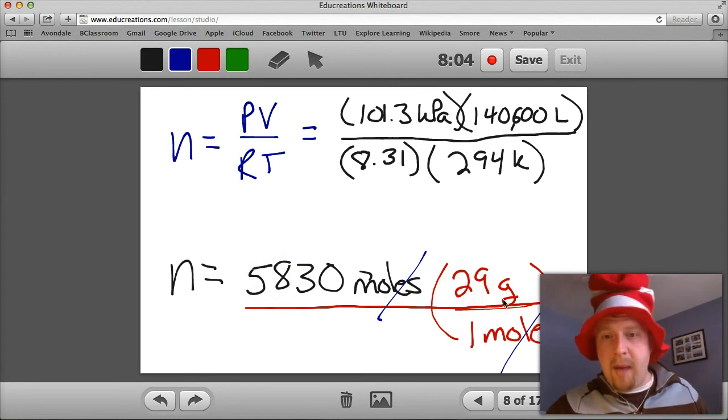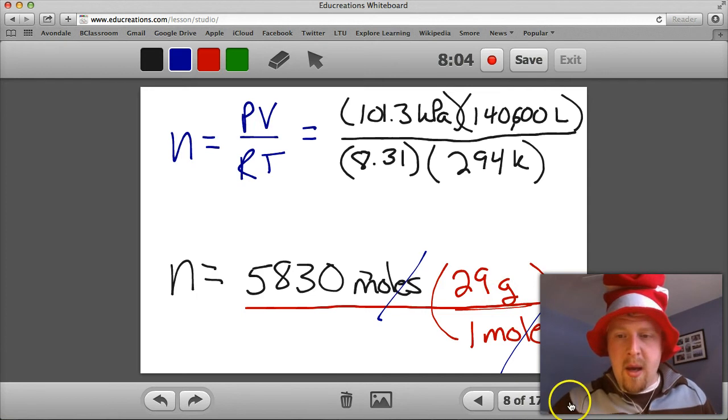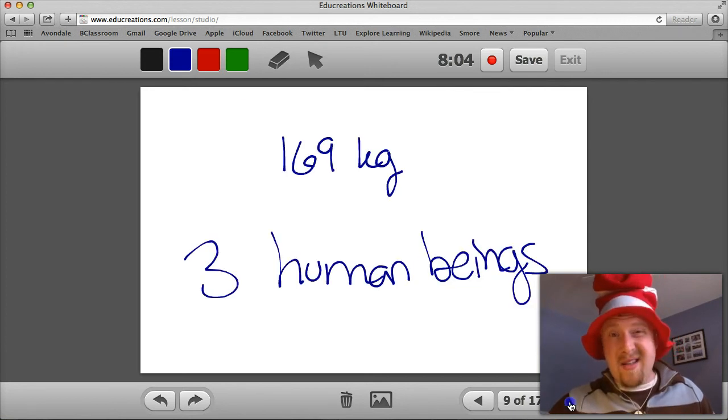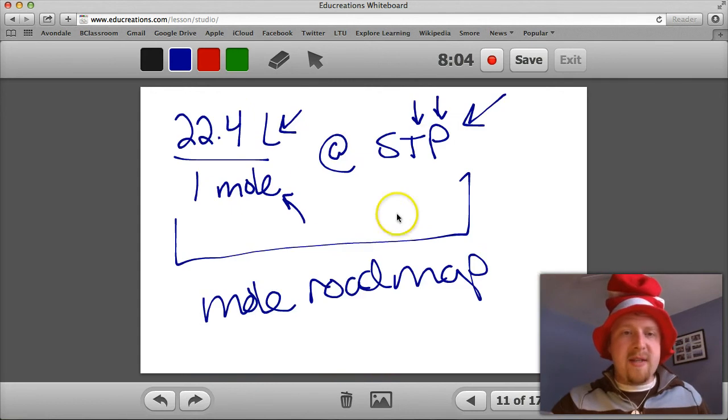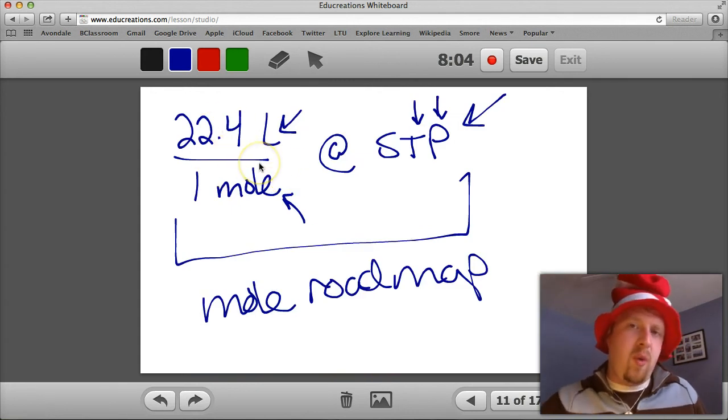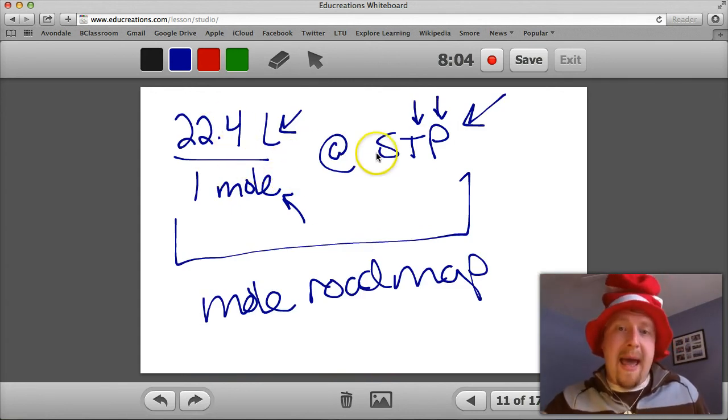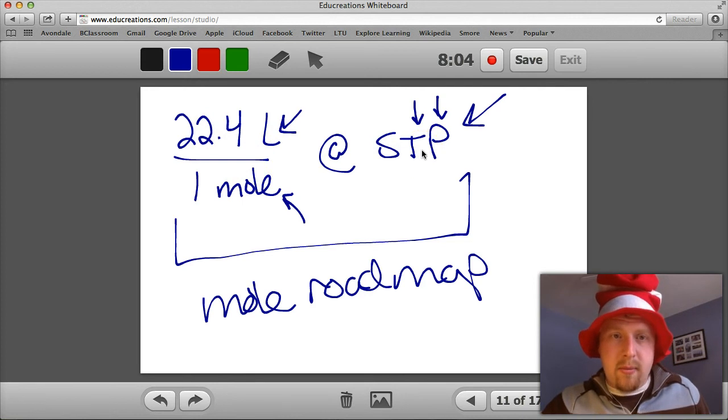And there's a great problem in your book that also deals with that. Okay, and then we talked about Avogadro's hypothesis, and he said that, hey, big particles, little particles, it doesn't matter. And that's kind of where this idea of 22.4 liters per 1 mole came from. Okay, at STP. It's very important.